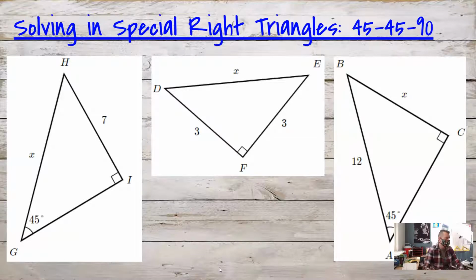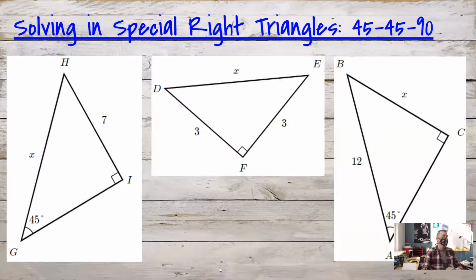So, in 45, 45, 90, the value that we use to go back and forth is which number? Radical 2, radical 3, or 2? Radical 2, right? So we use the full size 2 in the 30, 60, 90. Here we use radical 2.